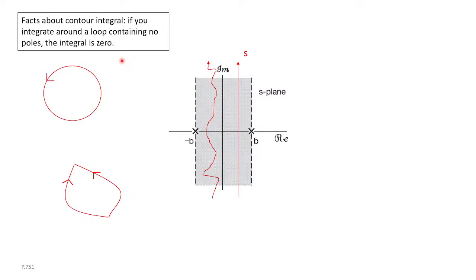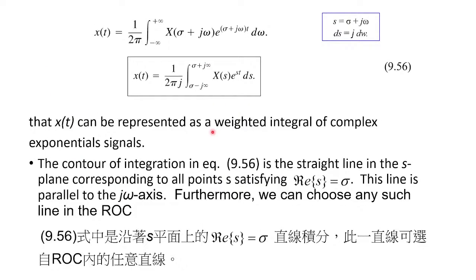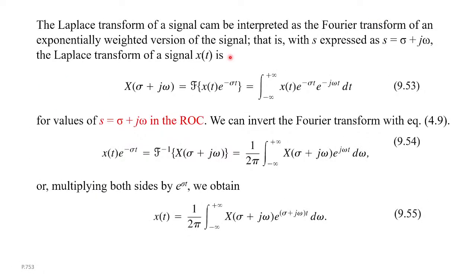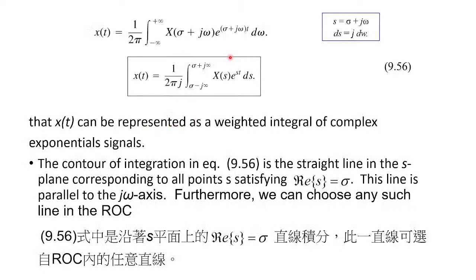And yeah, so we think like where the Laplace transform has some ROC, and we're integrating over some S from sigma minus j infinity to sigma plus j infinity. Okay.